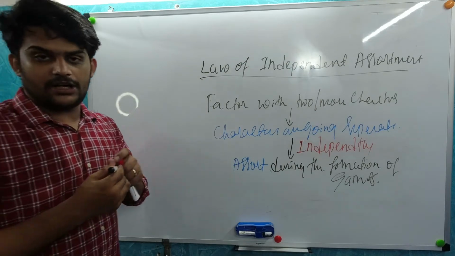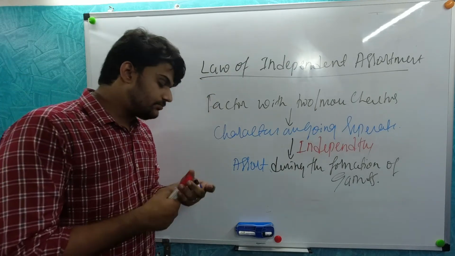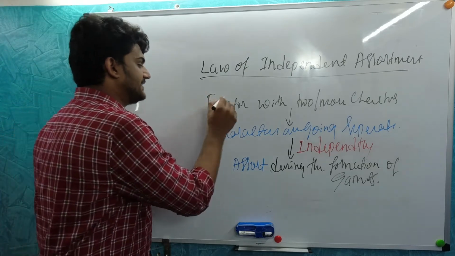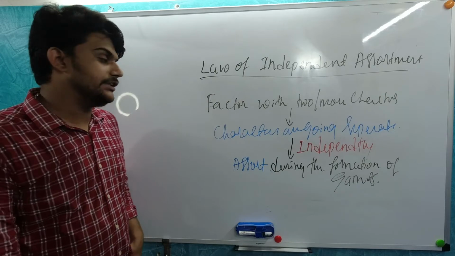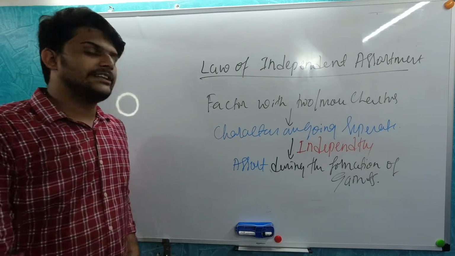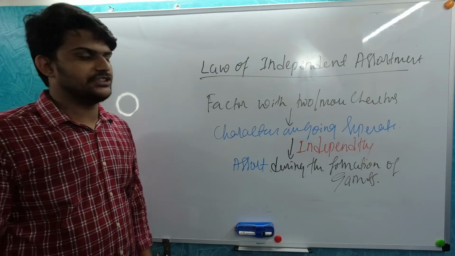So this is the law which changed the whole scenario of genetics, and this law is now also accepted all over the world. And this law came from the experiment of inheritance of two genes.